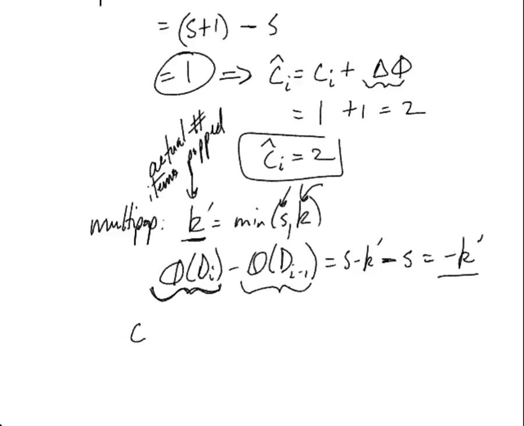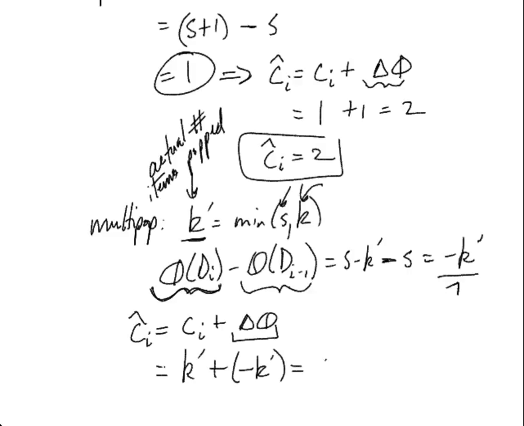So what is our amortized cost of a multi-pop? Well, it's the actual cost plus the change in potential. And that's going to be equal to, so the actual cost is K prime. And the change in potential, as we saw here, is negative K prime. So K prime plus negative K prime. So the amortized cost of a multi-pop is 0.